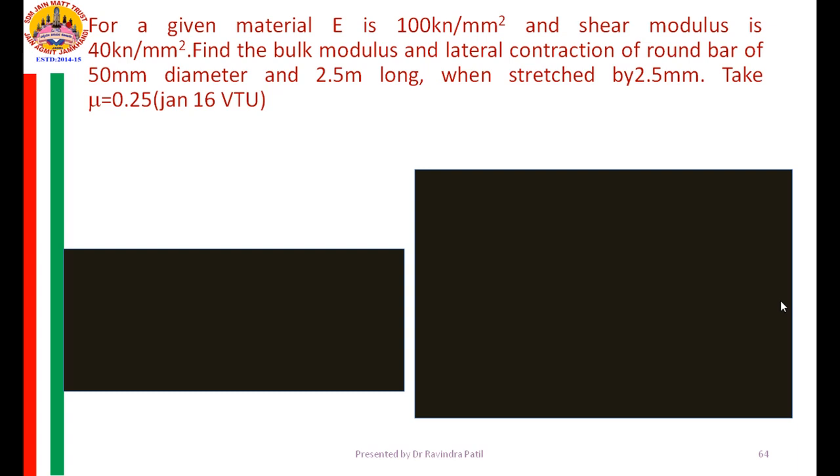Find the bulk modulus and lateral contraction of the round bar of 50 mm diameter and 2.5 meter long when stretched by 2.5 mm. Take mu is equal to 0.25.